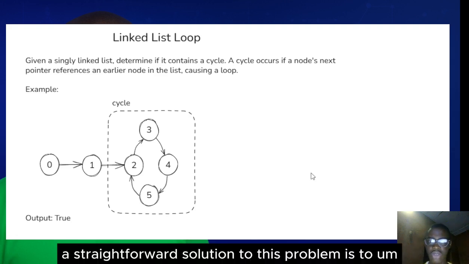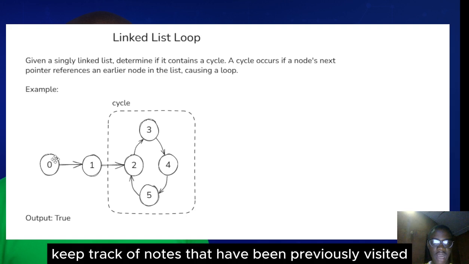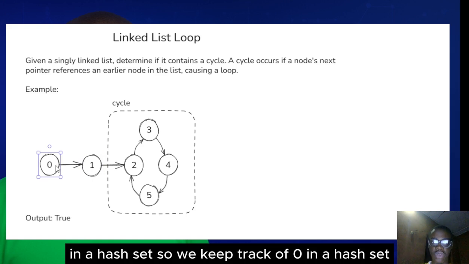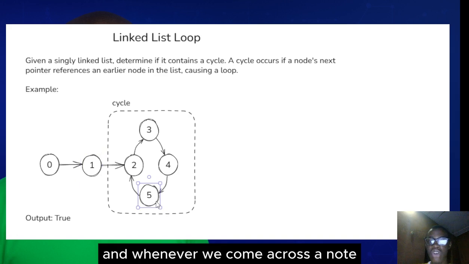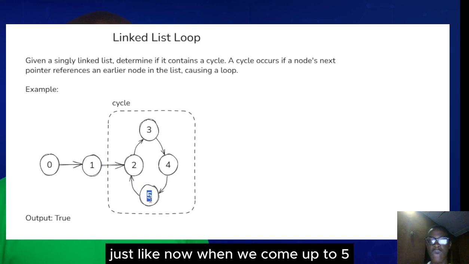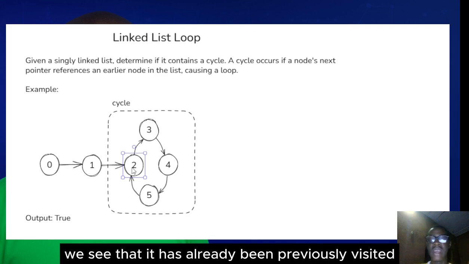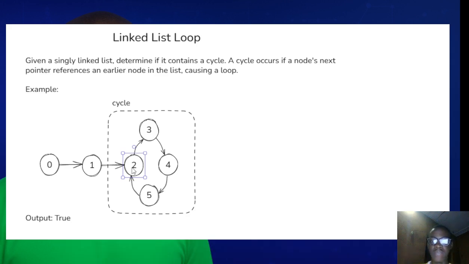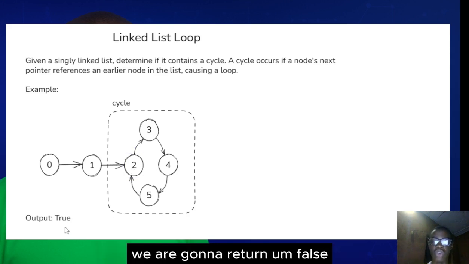A straightforward solution to this problem is to traverse through the linked list and keep track of nodes that have been previously visited in a hash set. So we keep track of 0 in a hash set, each node that has been previously visited, and whenever we come across a node that has been previously visited, just like now when we come up to 5 and look into the next attribute of 5, we see that it has already been visited and it is in the hash set, and because of that we are gonna return true.